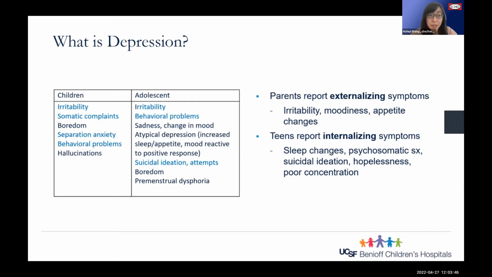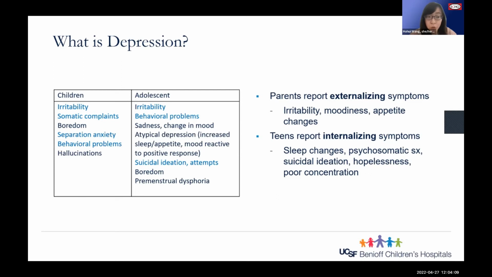It presents differently in children, adolescents, and adults. For children and adolescents, there are some minor differences, but irritability is often the most common first symptom of depression in kids and teens. There are also somatic complaints, headache, stomachache. These are pretty common when younger children present with depression.